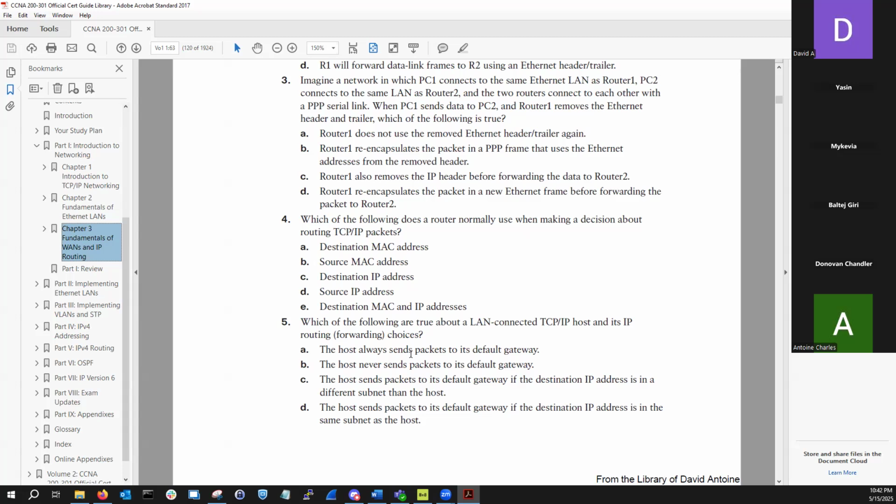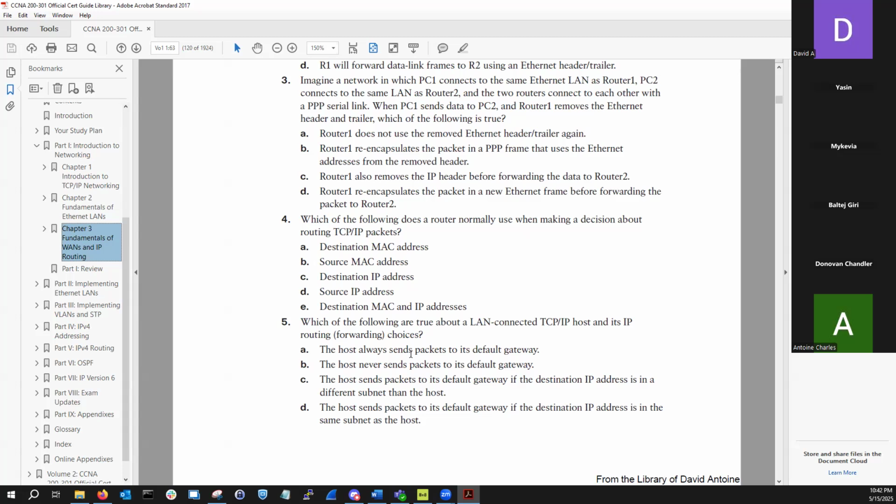Yeah. That is incorrect. Okay. Let's break it down. Which of the following are true about a local area network connected TCP/IP host and its IP routing forwarding choices?